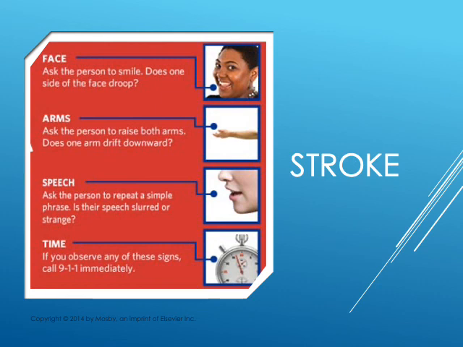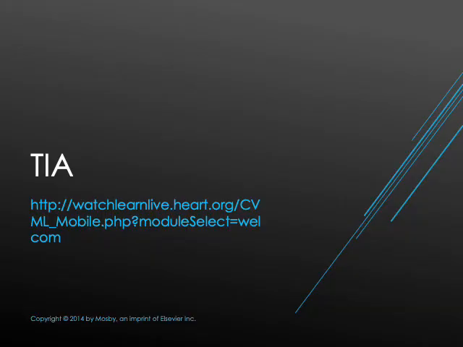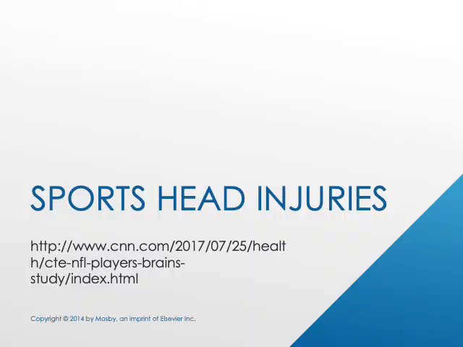FAST, fast. You want to get them there fast. This one, you can look at this YouTube on transient ischemic attack. Sports and head injuries. This is a really good article on sports head injuries, and I recommend that highly.